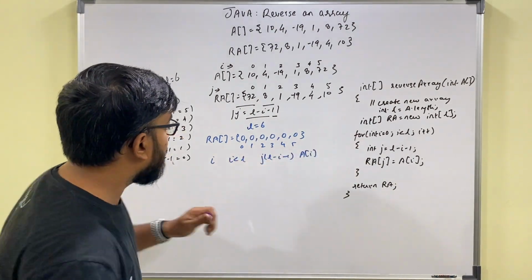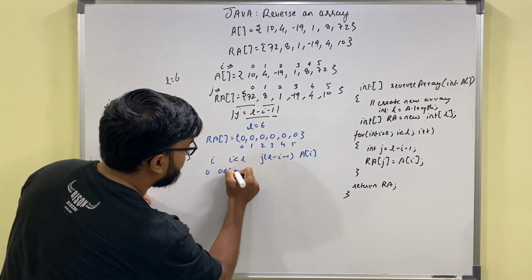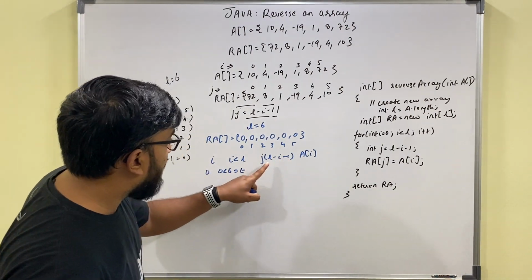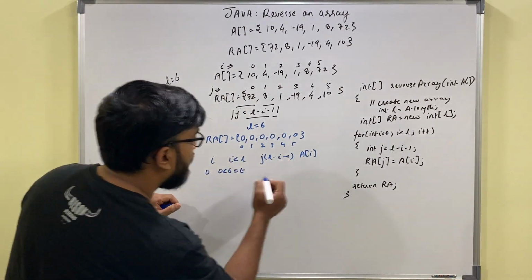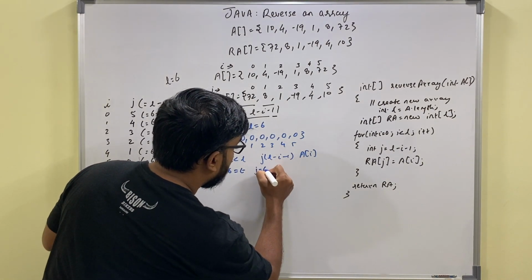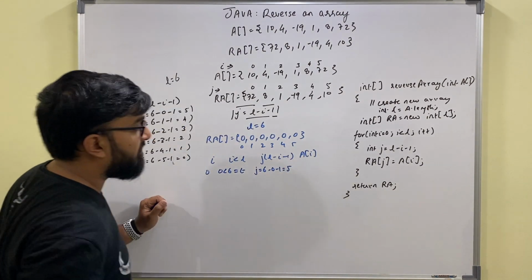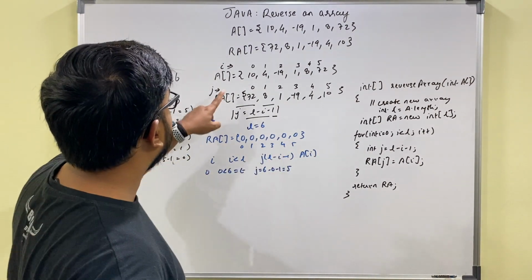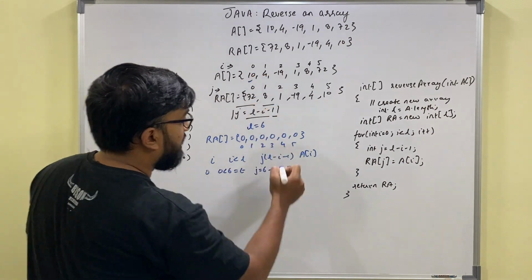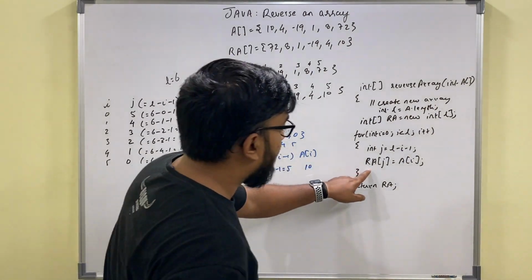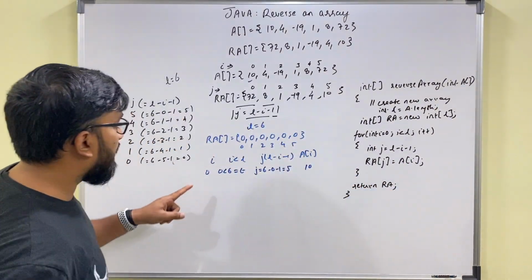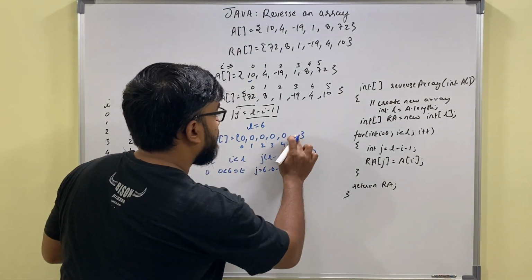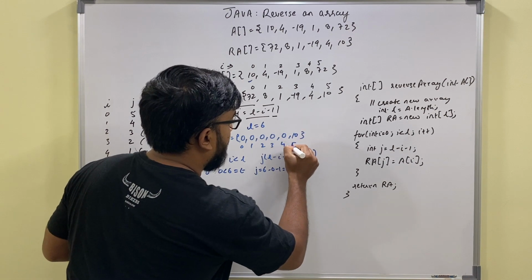We start at i = 0; 0 is less than 6, which is true. j is L - i - 1, so 6 - 0 - 1 equals 5. A of 0 is 10, so RA of 5 becomes 10.